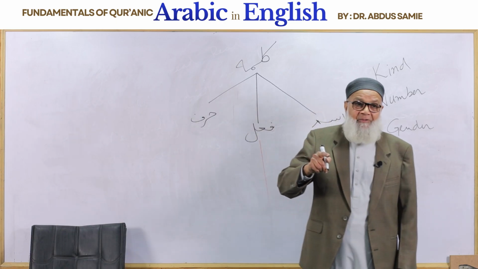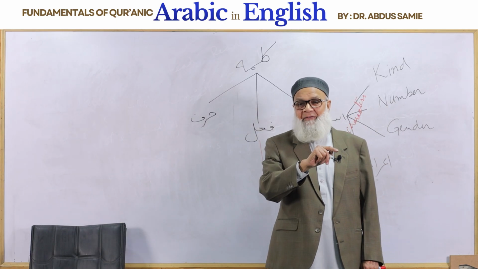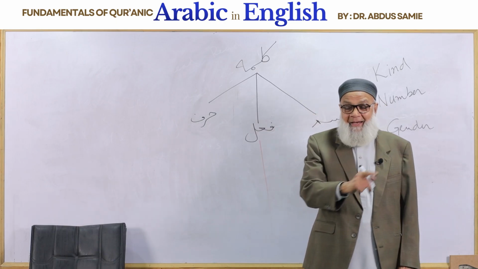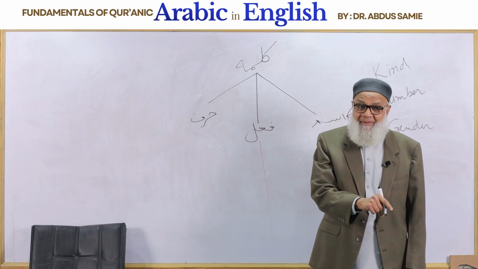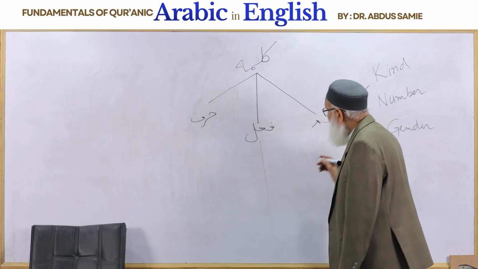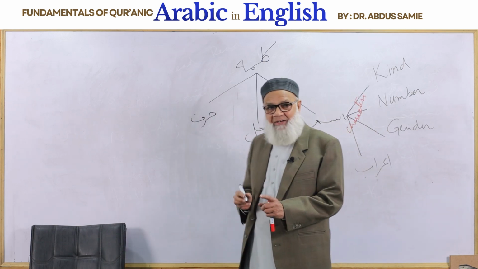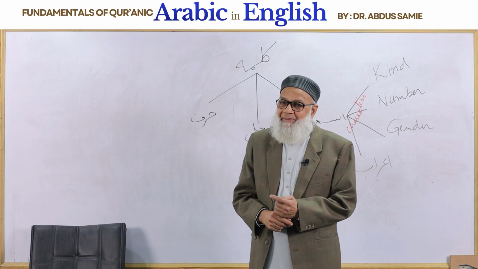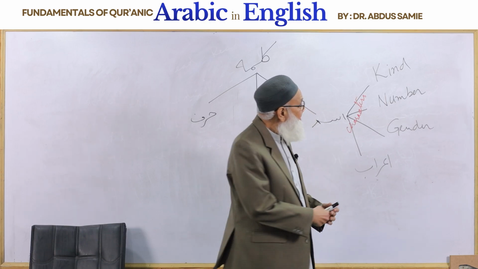It will either be marifa or nakira, definite or indefinite. It will be singular, muthanna or plural. It will be either masculine or feminine. And it must have an i'rab. In a sentence, it must have an i'rab: nominative, objective or possessive. Right?